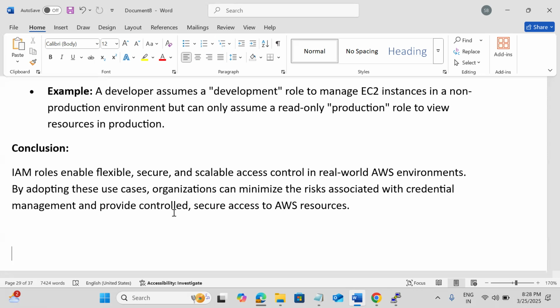We can use it even for applications, like an SAP application or an e-commerce application. Those applications also want to access some AWS services, so we need to give them permission. Jenkins wants to communicate, so for that also we need to give permissions. For all these we have a managed service, and that is IAM.